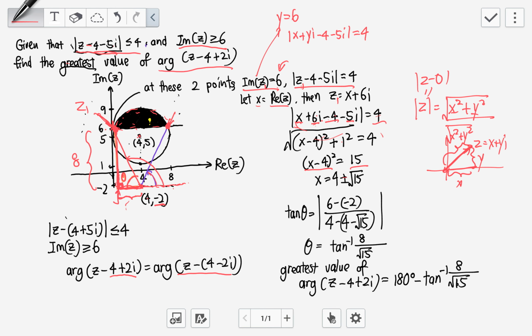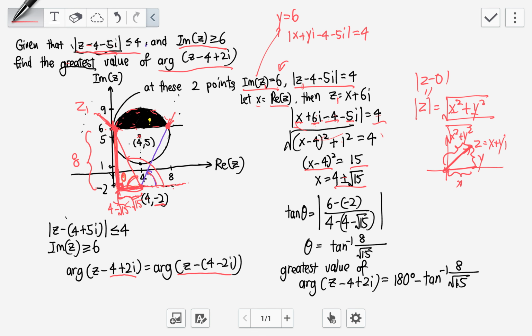X coordinate here is 4 minus root 15, as we have found earlier, and then the distance is just, we know that it's just root 15. So we just take the opposite side over the adjacent side, which is 8 over root 15, so then we tangent inverse, we'll get this angle, we'll get this theta.